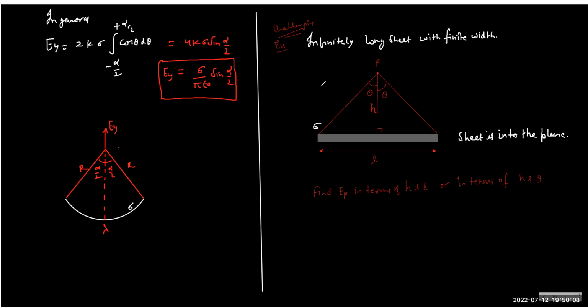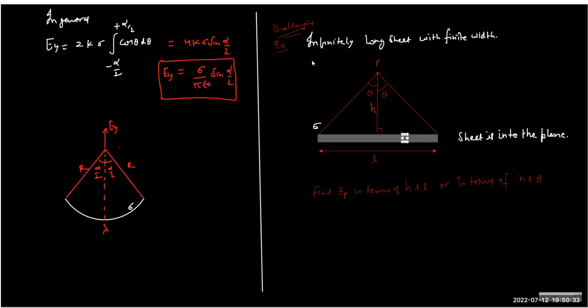Hello. Yes. Is the answer 2k lambda h upon (x square plus l square by 4) raised to 3 by 2? Maybe. So first of all, I'll take an elementary, right?